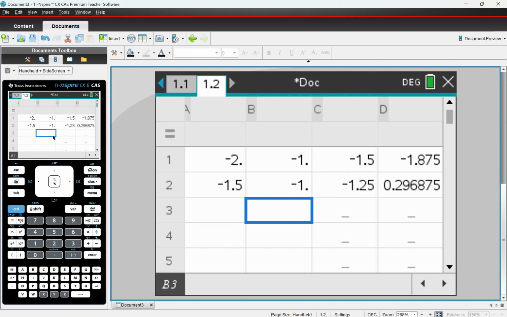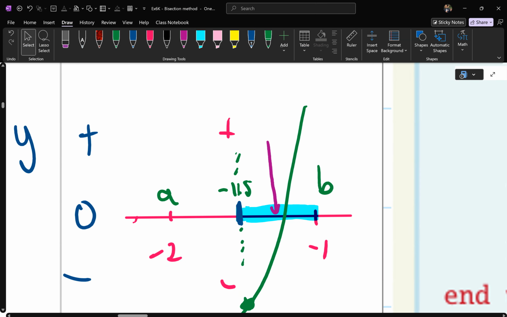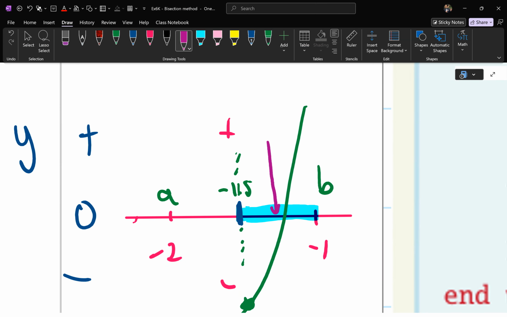The domain was negative 1.5 to negative 1. If it's positive, it's a better positive to choose negative 1.25. So if we go back to the graph, have a look. Let's say I pick the middle. It turns out that the middle, negative 1.25, gave me a positive y value.